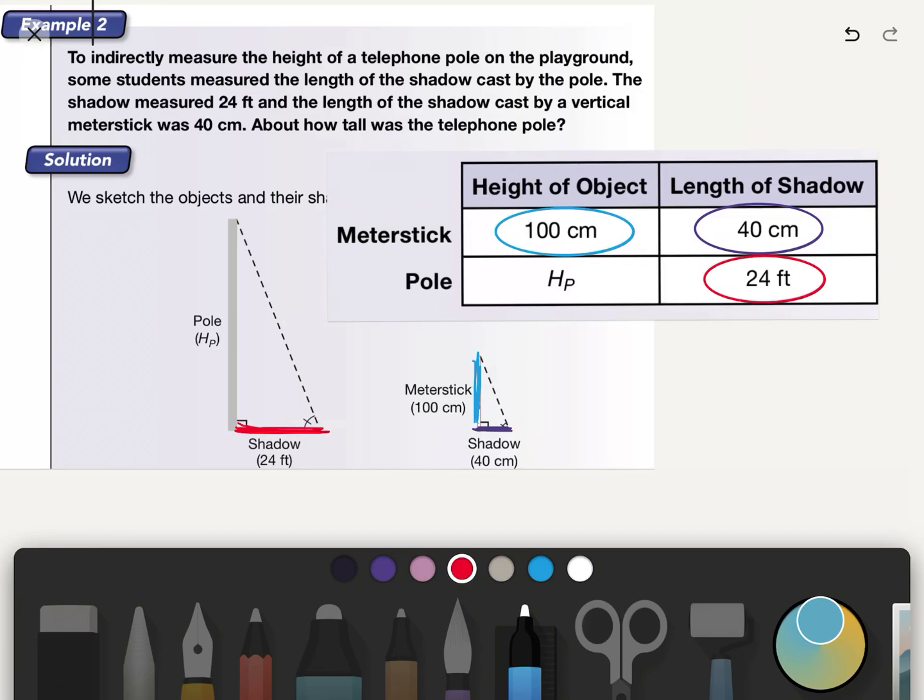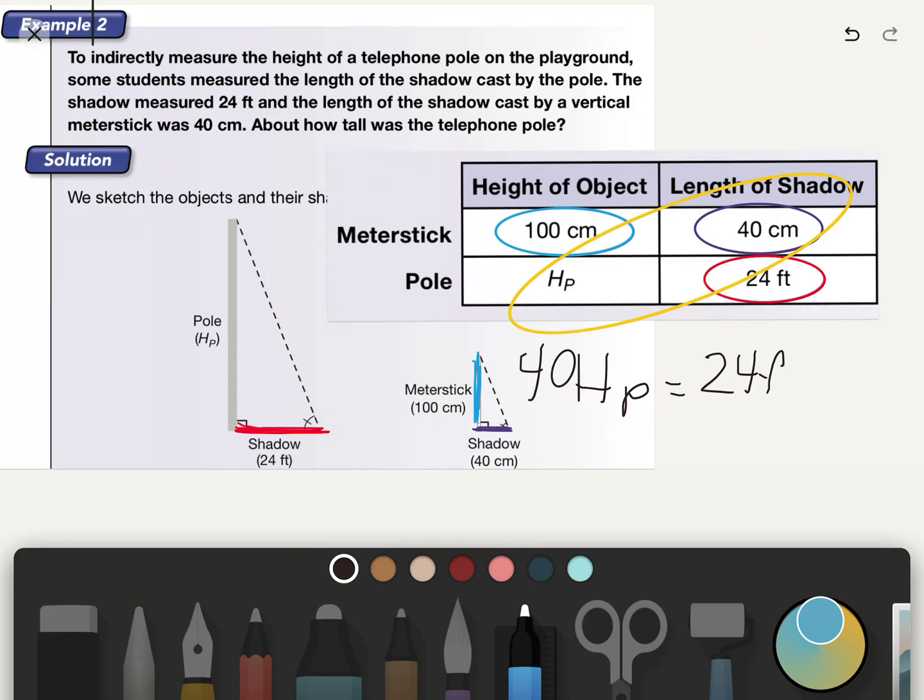Okay, so making our ratio boxes, we essentially end up with, cross multiply that, or the height of the pole times 40 equals then 24 feet times 100 centimeters.